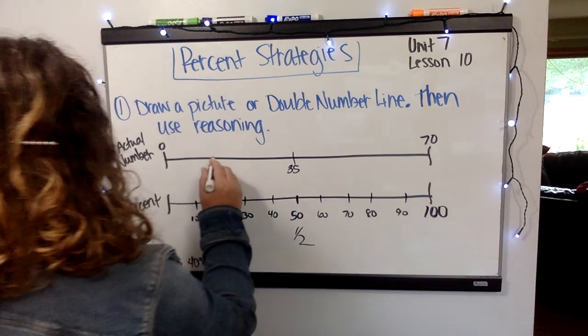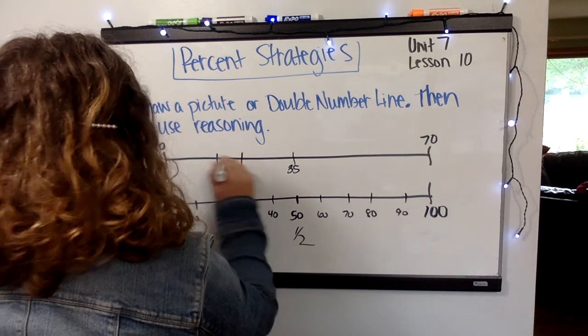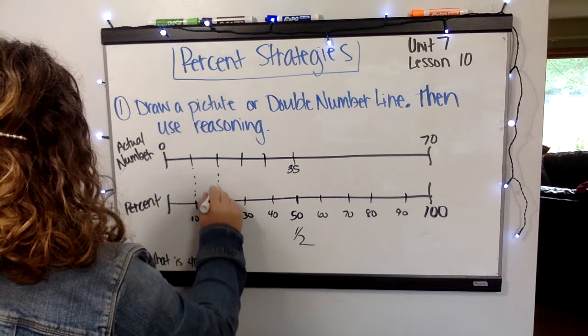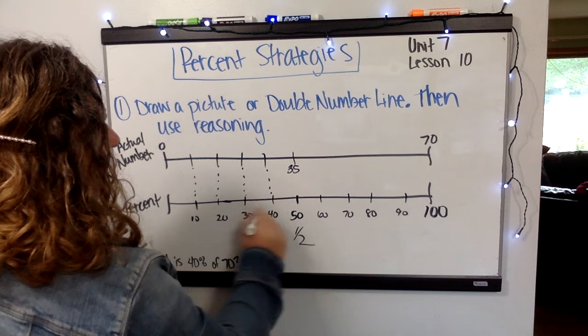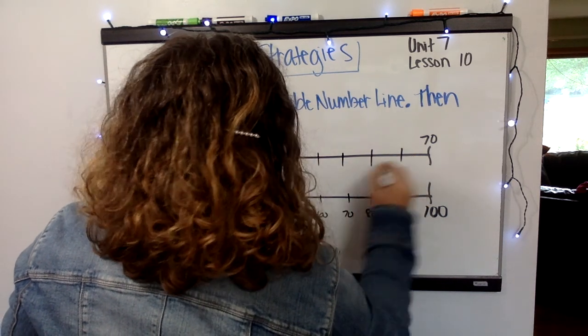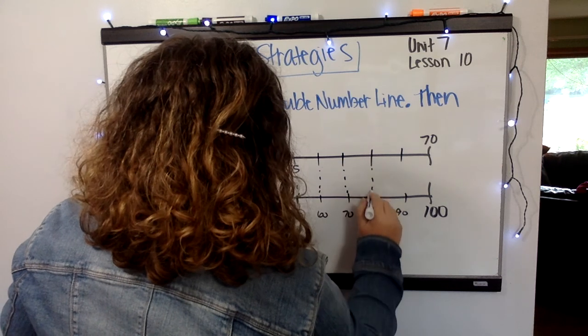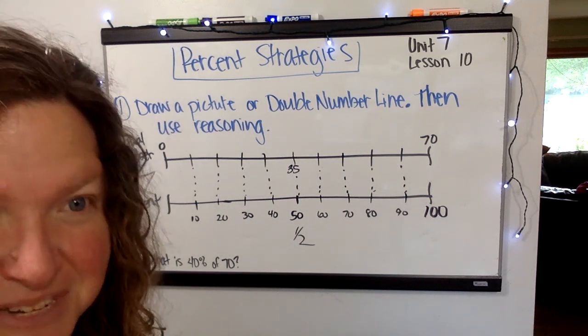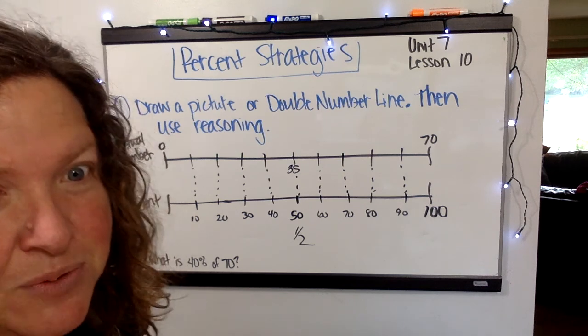So let's still divide it into 10, just like we did down below. In fact, we could even kind of connect those if that's helpful for us. Now we divide that into 10. 70 divided into 10 parts, we said was 7.